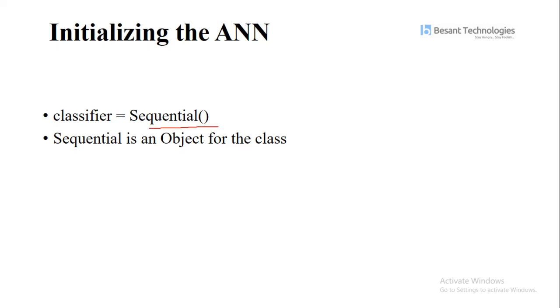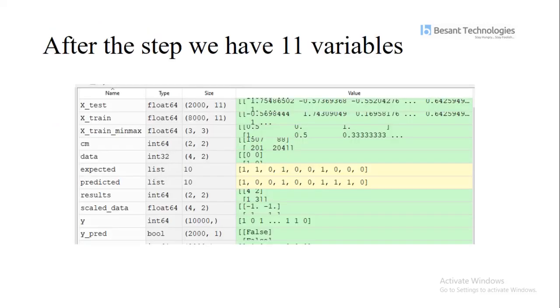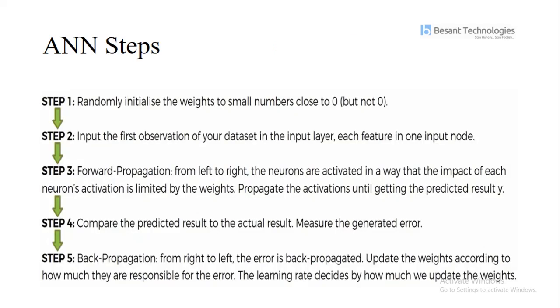Sequential is an object of a class which is used to initialize our artificial neural network. After this, we get these 11 variables. y and x are the output and input data, the predicted y, x test, x train, minimum, maximum, all that data.